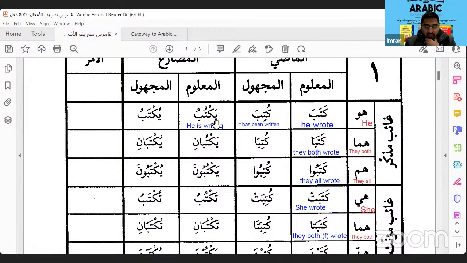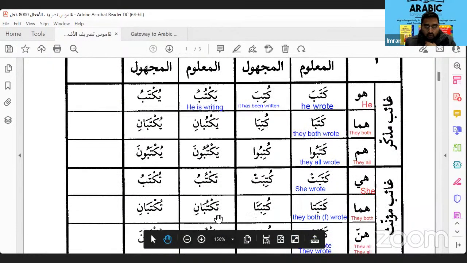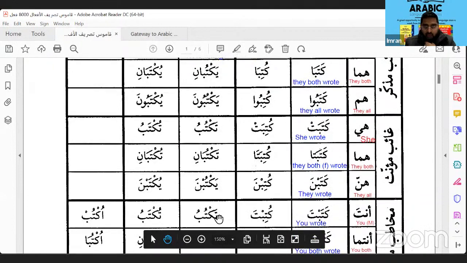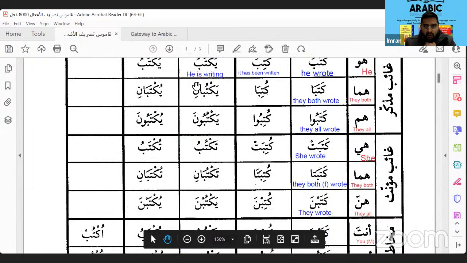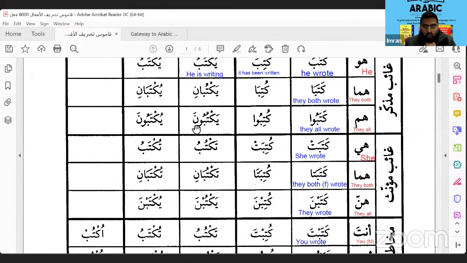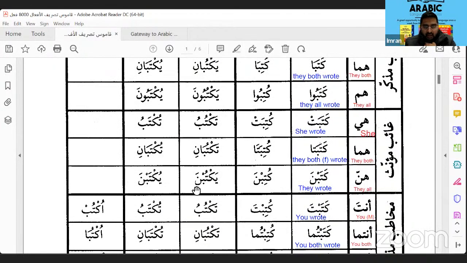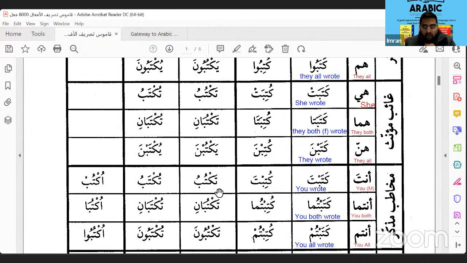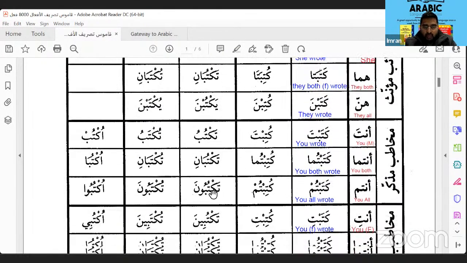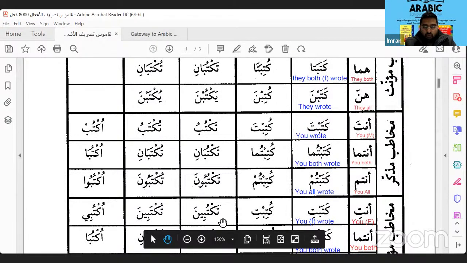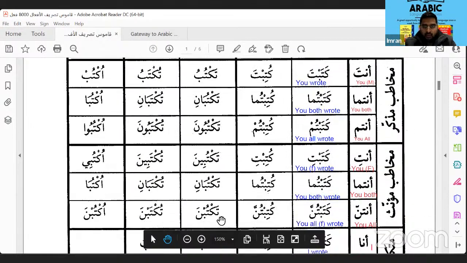we have yaktubu, yaktubani, yaktubuna. Taktubu, taktubani, yaktubna. You see there's a ya in the beginning, and ta, noon with a kasra, waw noon in the plural. Then yaktubna there. I'm doing it quickly, then I'll explain it thoroughly. Taktubu, taktubani, taktubuna, taktubina, taktubani, taktubna.